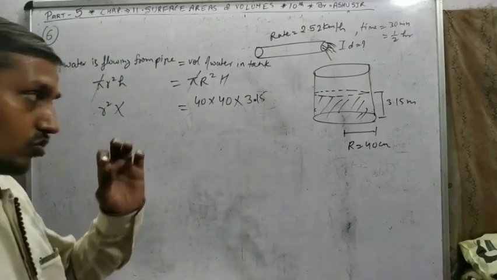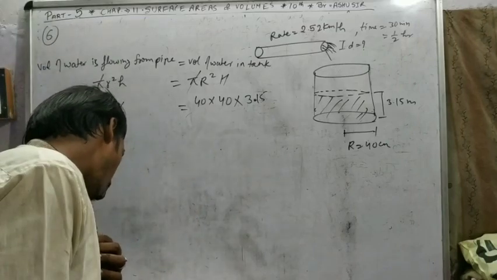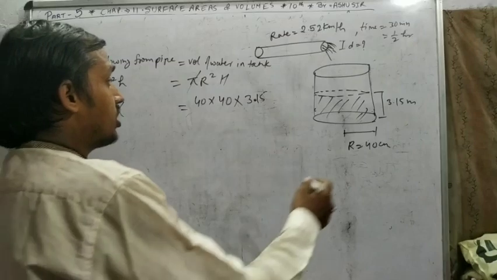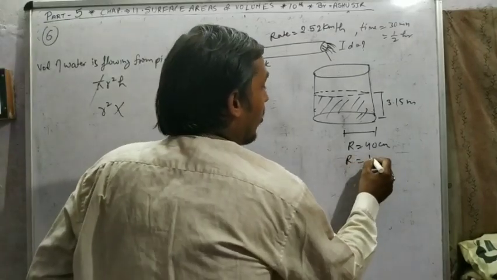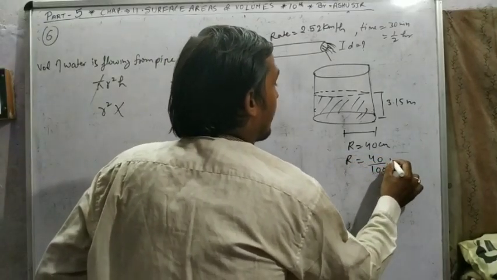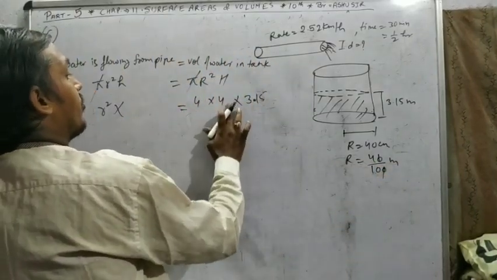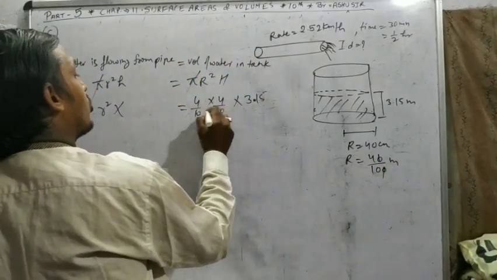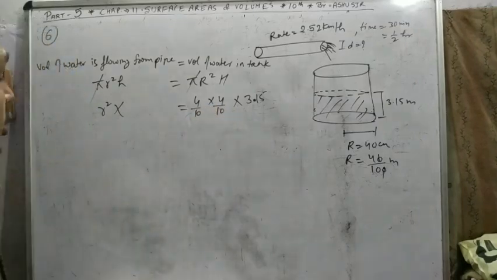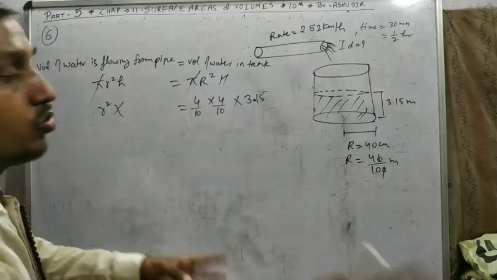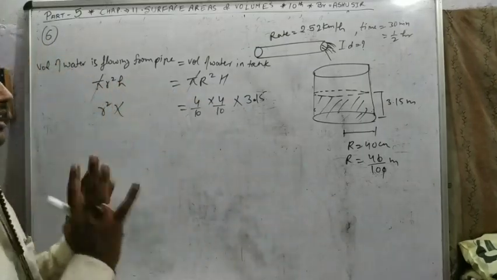Here we have to keep all the dimensions in meter. So this is in centimeter, so we can take 40 upon 100 meter, 4 by 10 meter. So I take 4 by 10 meter, this meter, this meter, this meter. So we solve all the units, all the measurements in meter.